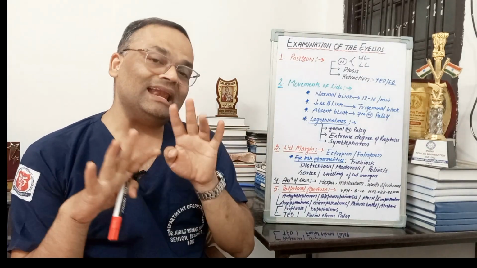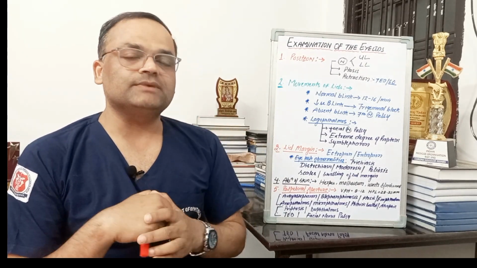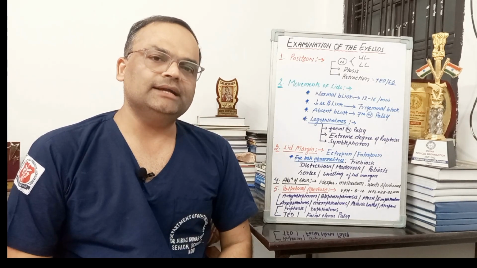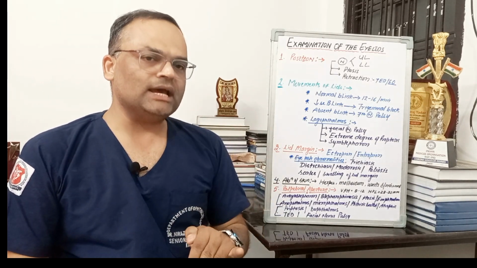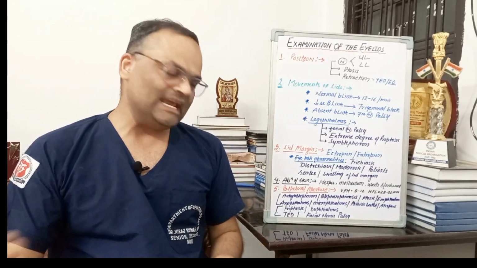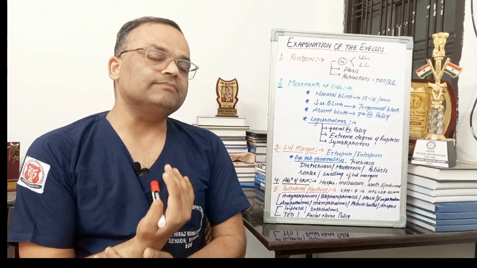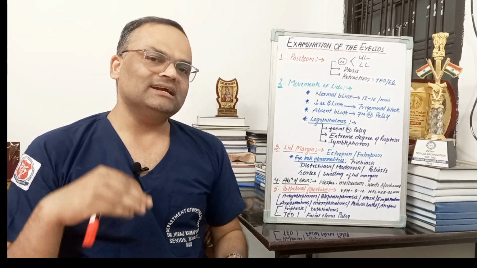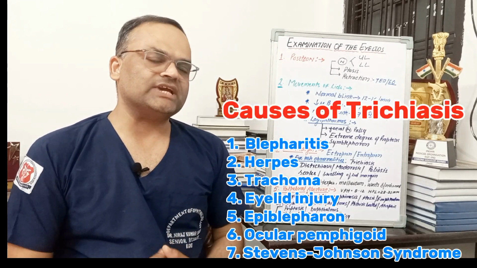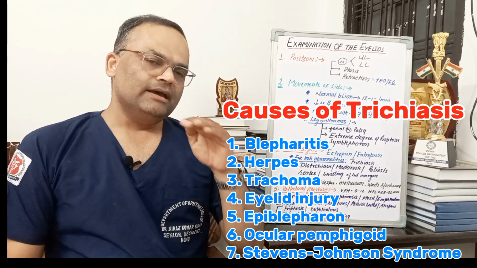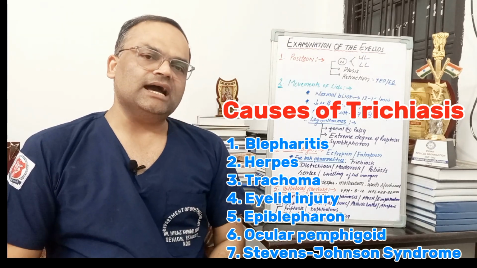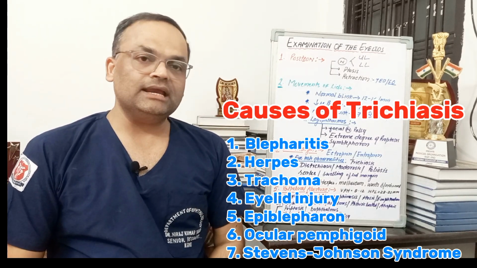Now the normal number of eyelashes in the upper eyelid is about 100 to 130, while in the lower eyelid it is about 50 to 90. Certain abnormalities of the eyelashes: trichiasis means misdirected cilia or inward turning of the eyelashes.